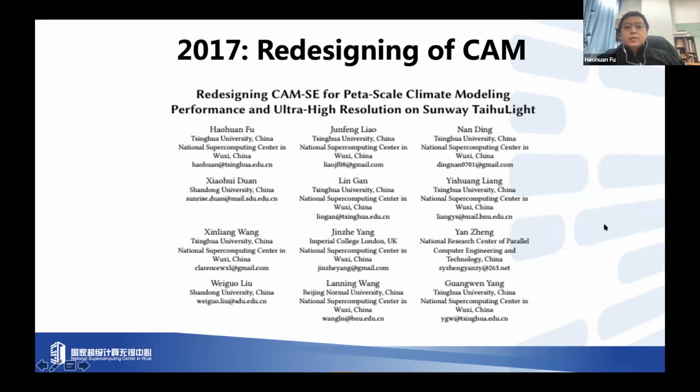So in the year 2017, with the people that were still willing to work on the code, we took an even more aggressive approach towards the code. We tried to redesign a lot of the parts of CAM-SE, trying to make it more suitable for Sunway TaihuLight.